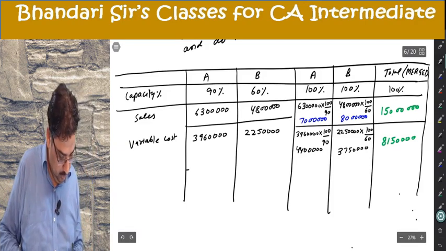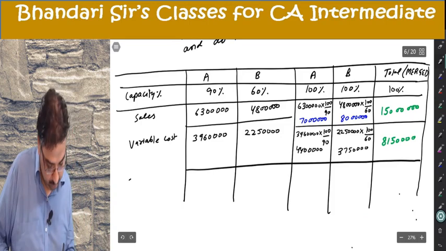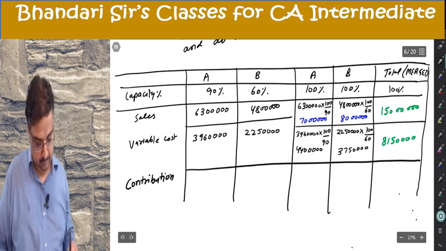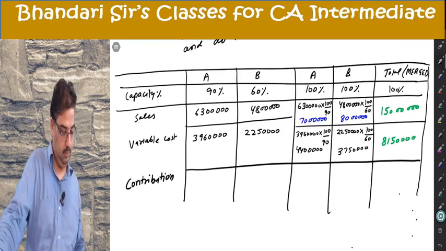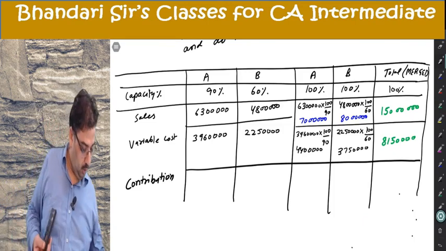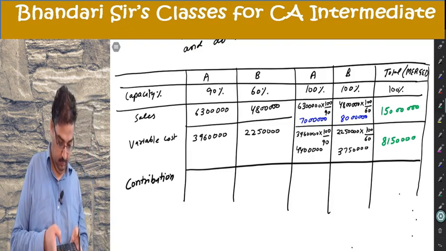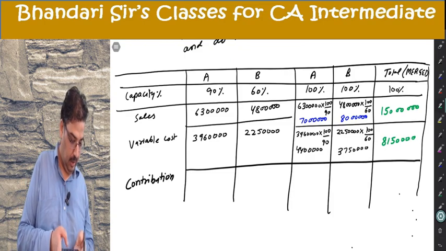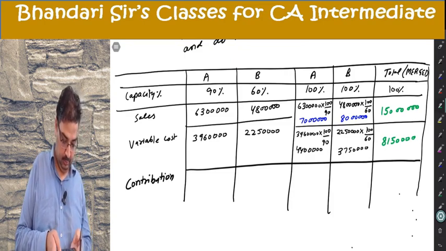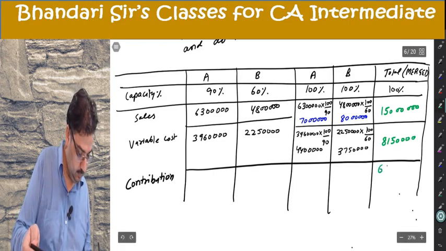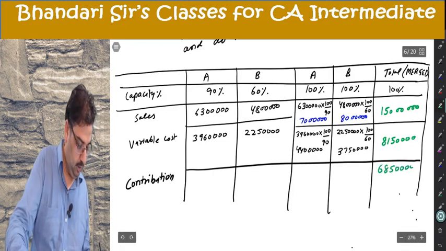What I'll do, I'll compute contribution also here. Will be needed later on. I'll compute for total column only. Others you can compute if you want. It's not needed. 150 lakh minus 81 lakh 50,000. 68 lakh 50,000.